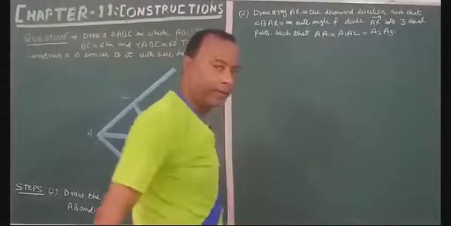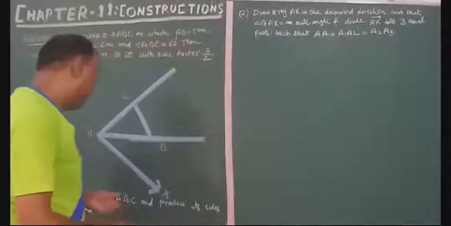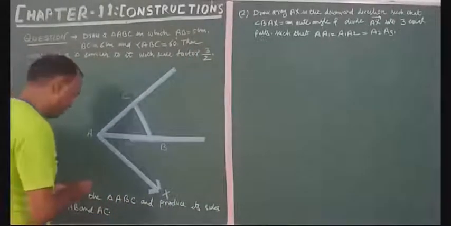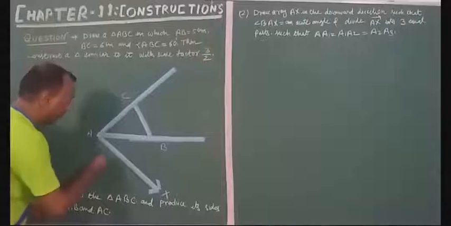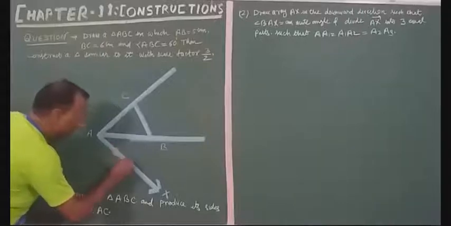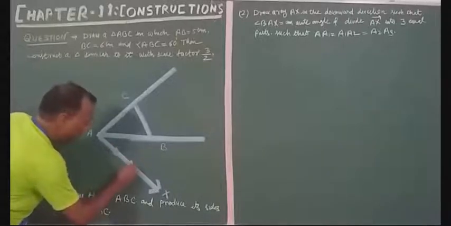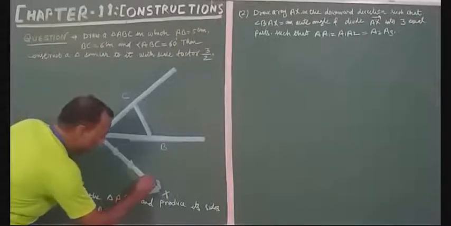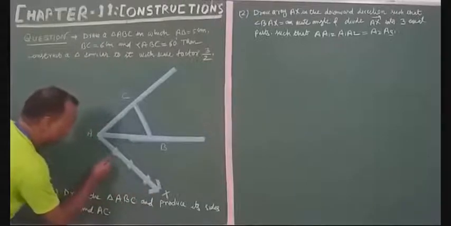Is it there? Just as in the previous question, this is the first part, A1, A2 and this is A3.